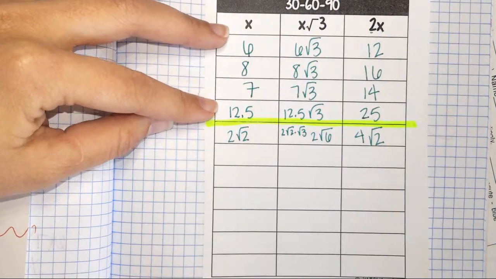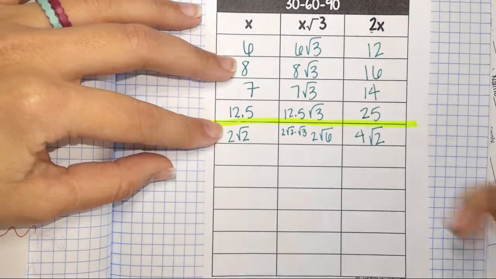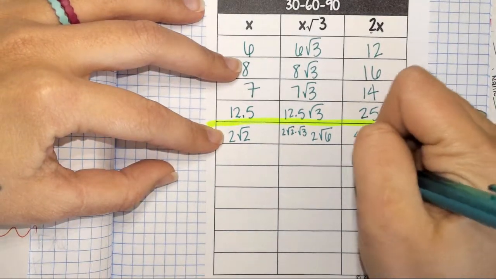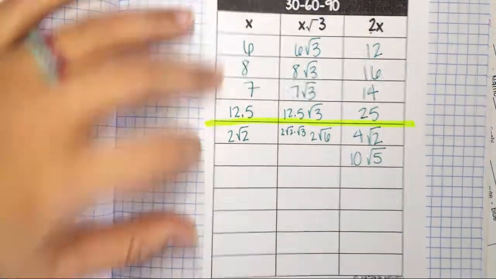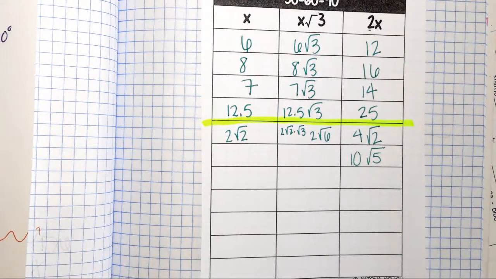Alright, what if I gave you 10 root 5. I want you to get the short side without me.